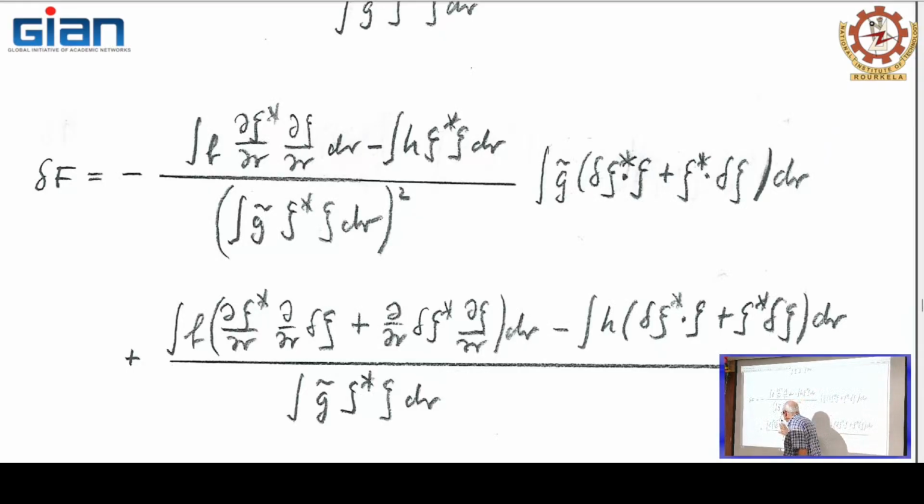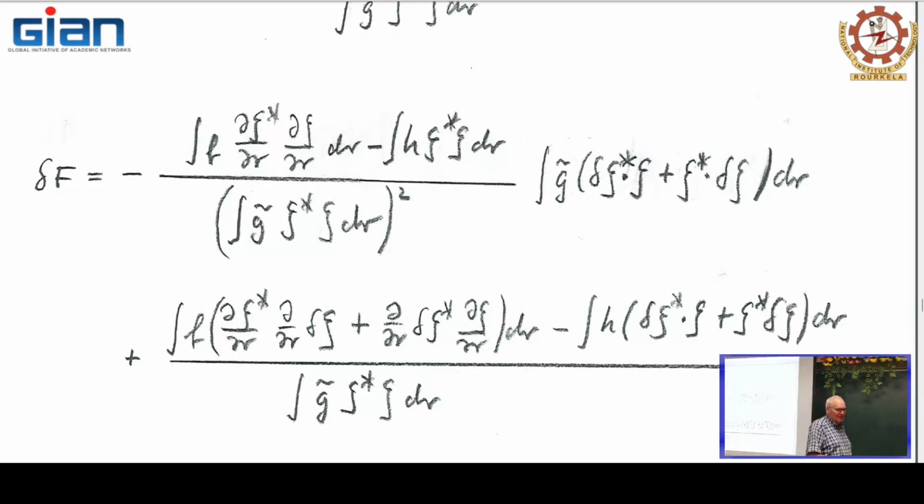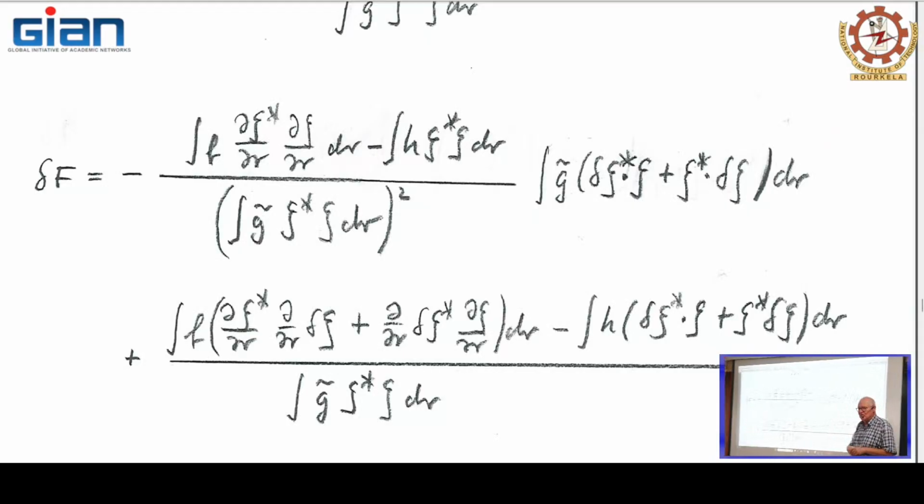This gives one term which goes with zeta star, or with delta zeta star, this goes with the corresponding term at d by dr, d zeta by dr. So we collect those terms which are proportional to delta zeta star and those terms which go with delta zeta.